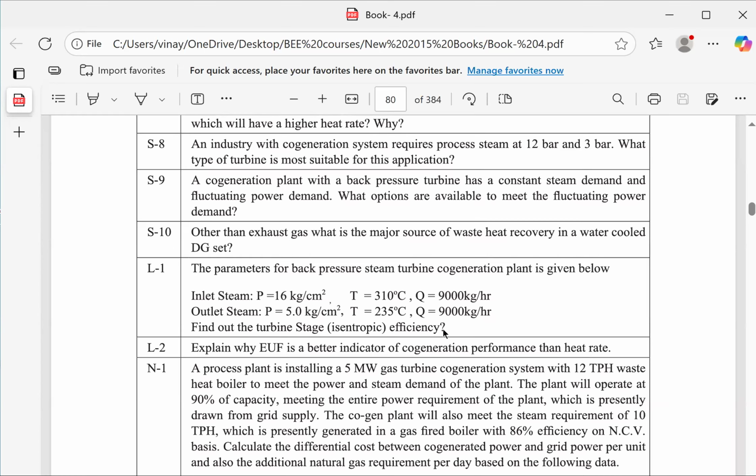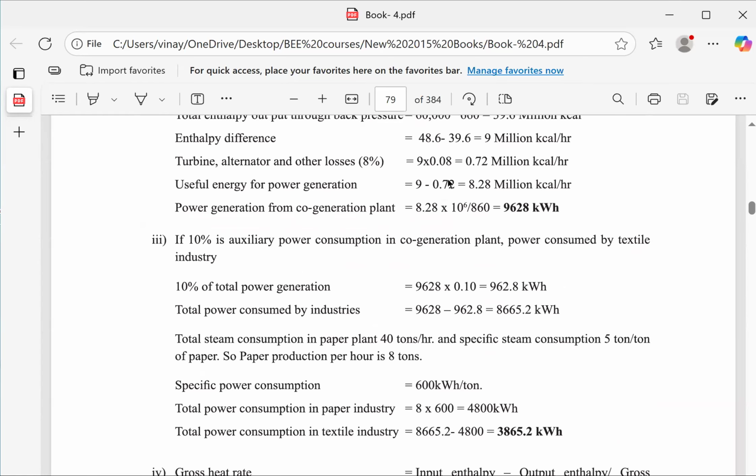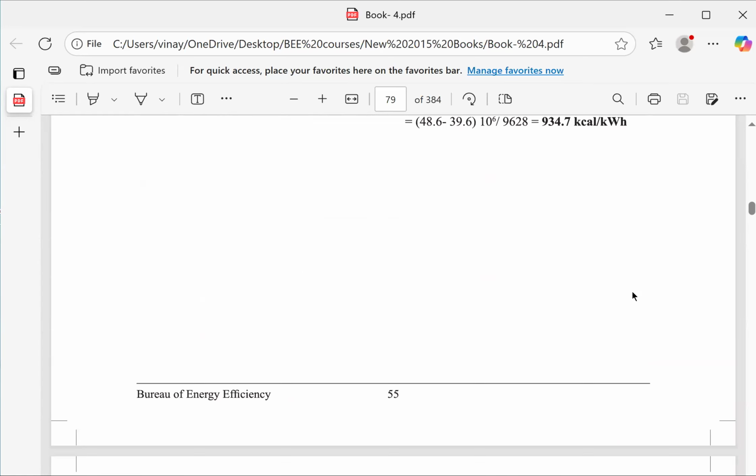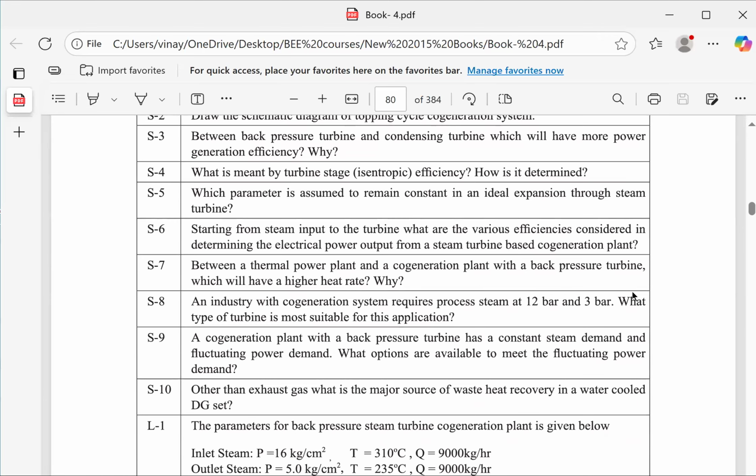Isentropic efficiency will require you the two values, actual drop in entropy versus the ideal drop in entropy. So heat drop for this example is based, I think, on problems given above. So you need to have the isentropic values.